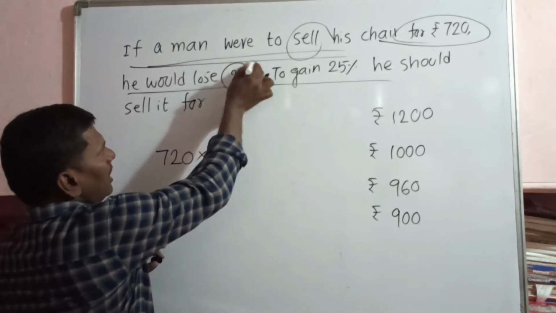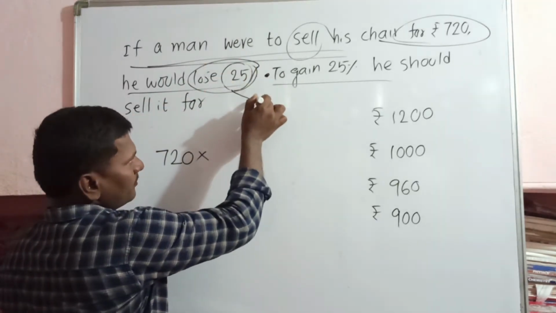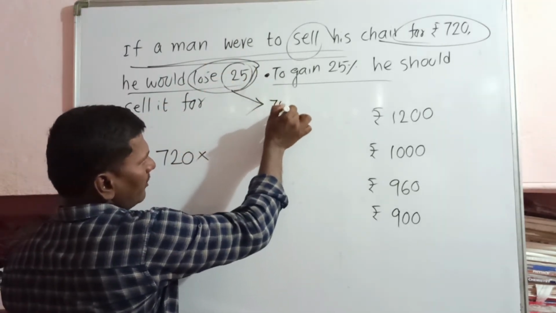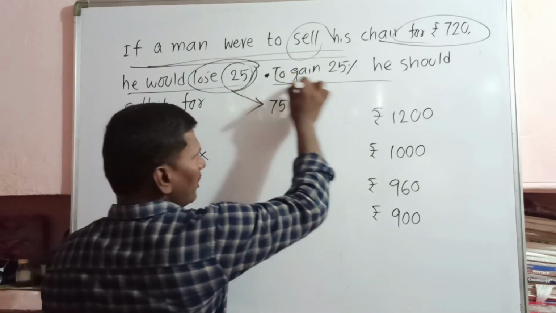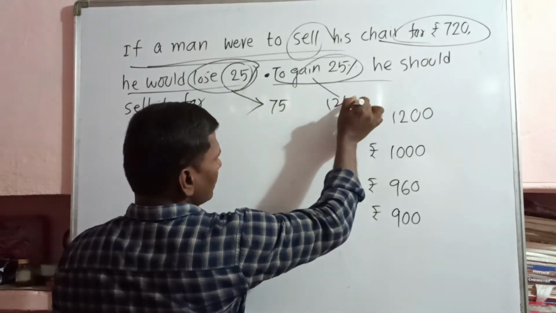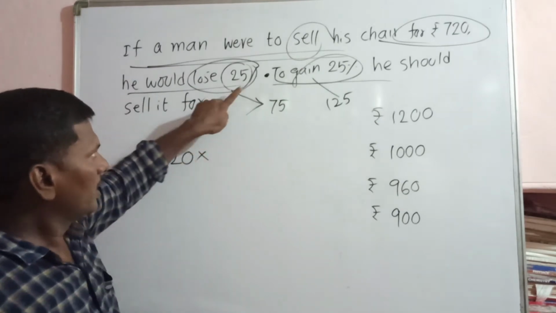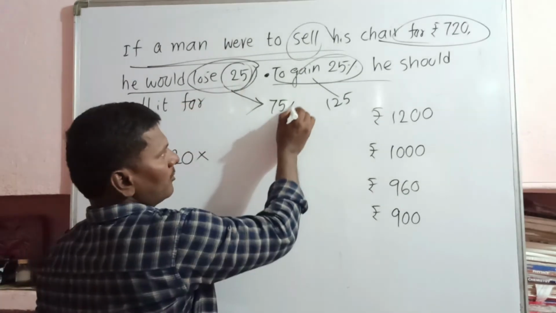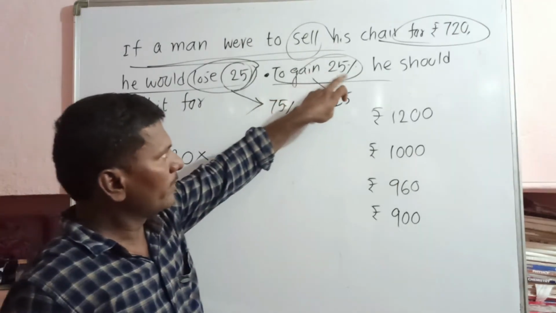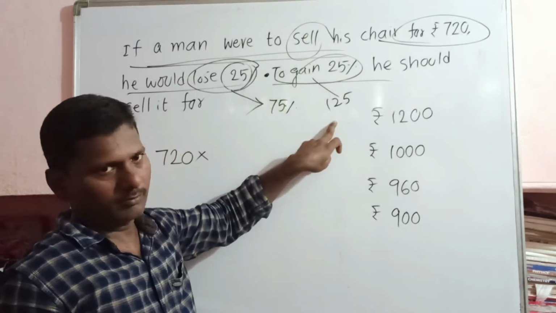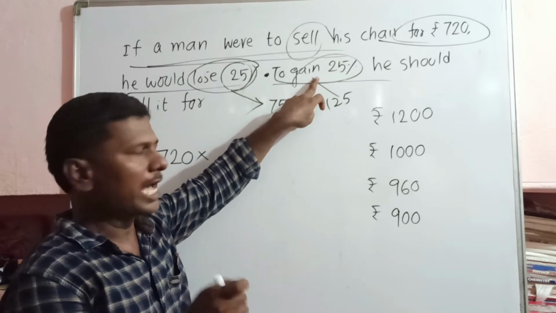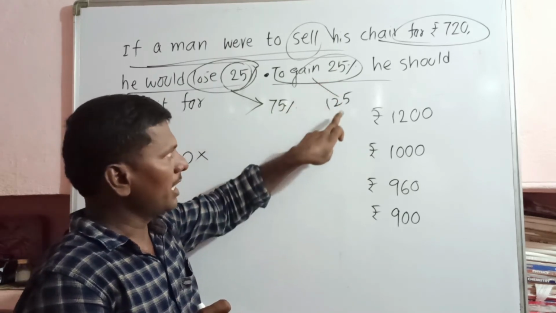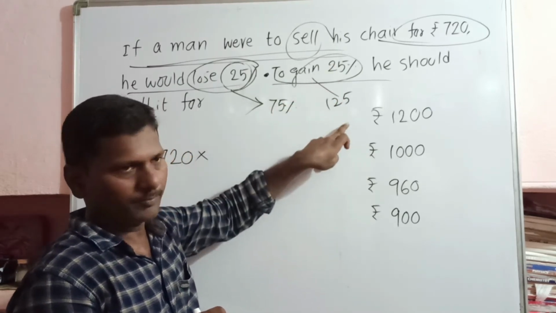Here, given 25% loss, its value is 75. 25% gain means 125. Once again, 25% loss means that article is sold for 75% value. 25% gain means 125. When there is a gain, add the gain to 100: 100 plus 25 is 125.